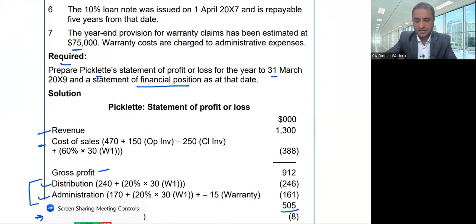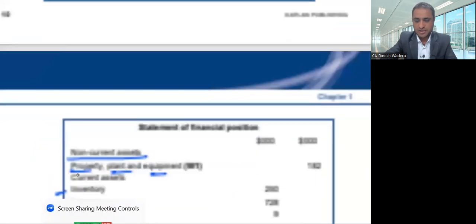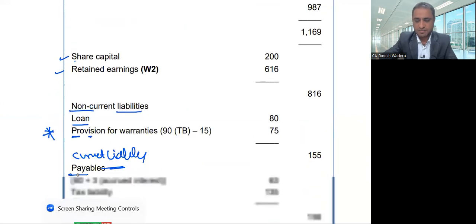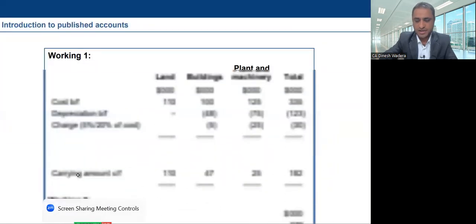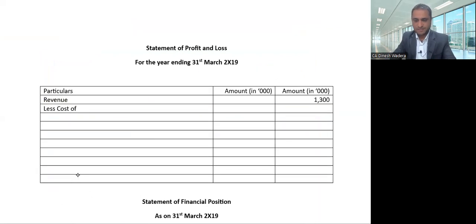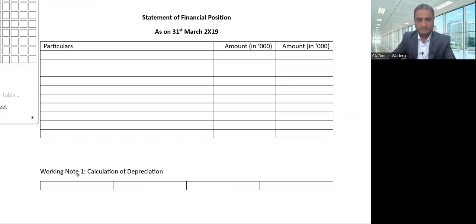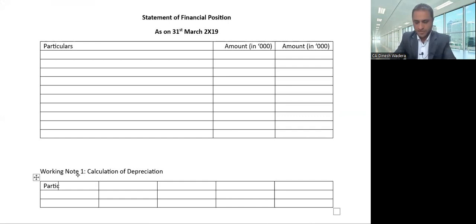So let's work out the depreciation part first. They have already done it here, but I will explain it to you in much more detail. All right. So our first working will be, let's call it working note one, calculation of depreciation. So again, make a table, particulars.